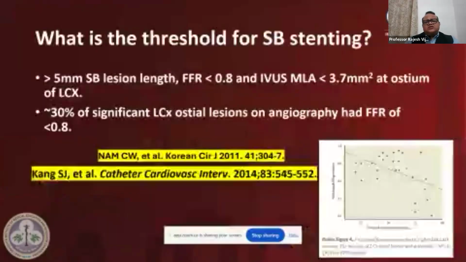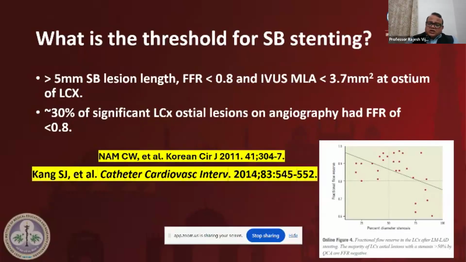Something about the threshold for side branch stenting whenever you are going ahead with left main intervention: any lesion of the LCx which is more than 5 millimeter, like a complex bifurcation, FFR less than 0.8, and an MLA across the ostial LCx which is less than 3.7 is the one which requires revascularization of the left circumflex, otherwise not.